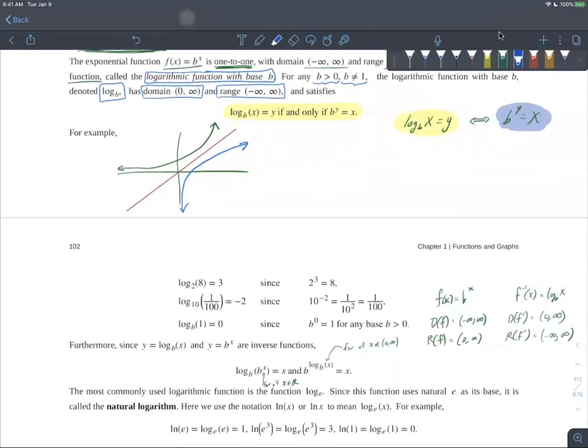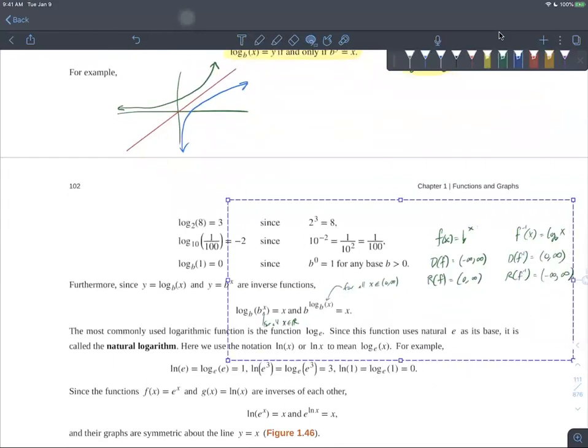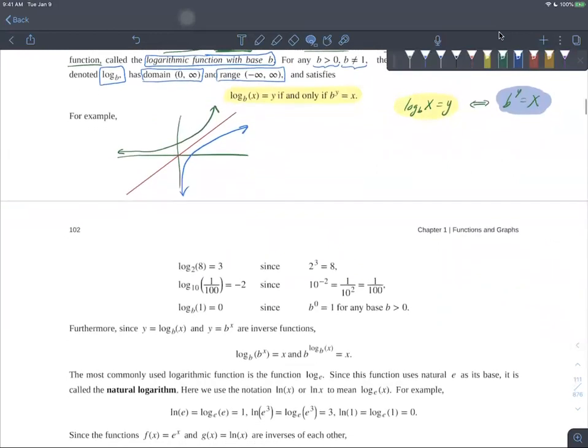Okay, so how do we use these logarithms? Well, let's go over a couple of examples here. They give us 3 of them. The log base 2 of 8. What does this mean? Let's just say we don't know what the log base 2 of 8 is.